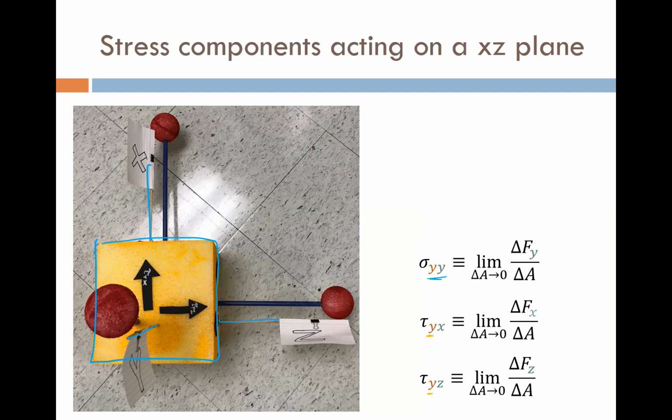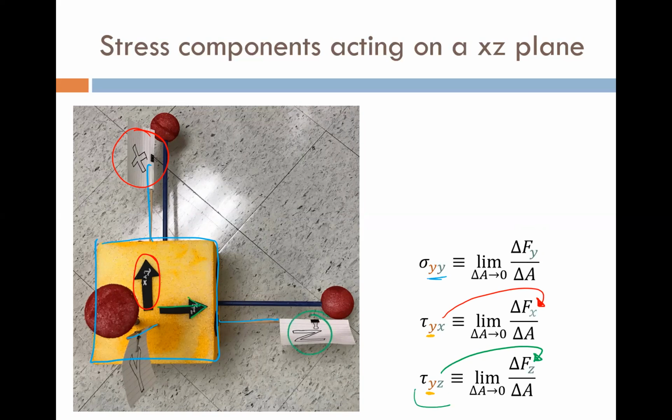The two shear stresses occur on a plane whose normal direction is Y. But then one of them is pointing in the X direction. The force used to compute that stress is pointed in the X direction. So that would be this force here pointing in the X direction. And the other stress is pointing in the Z direction. So this stress here pointing in the Z direction.